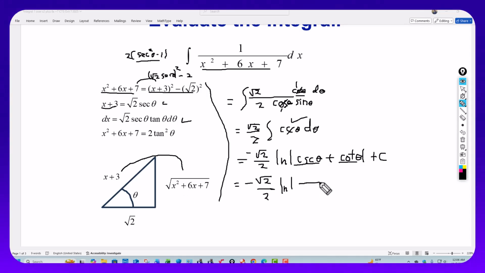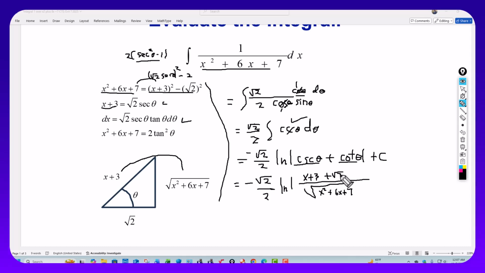So I'm just going to put one denominator here. This will be the square root of x squared plus 6x plus 7. And then for the cosecant, it was the hypotenuse, which is x plus 3, over the opposite side. Okay. And for the cotangent, it was the adjacent side, which is square root of 2, so that's why I can put it over the same denominator.